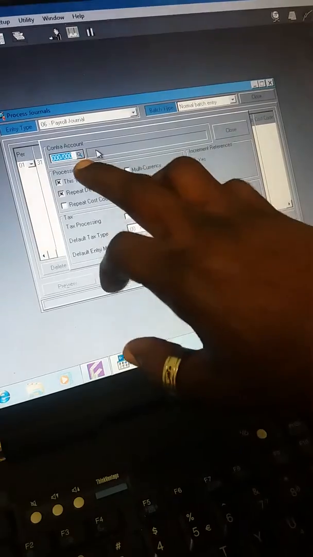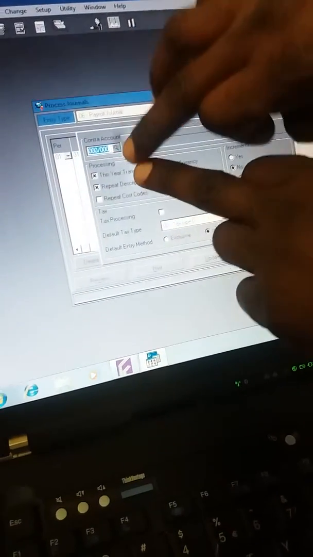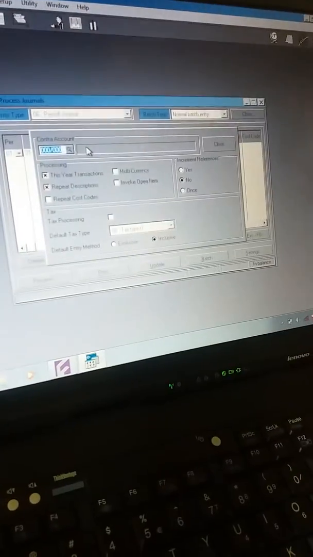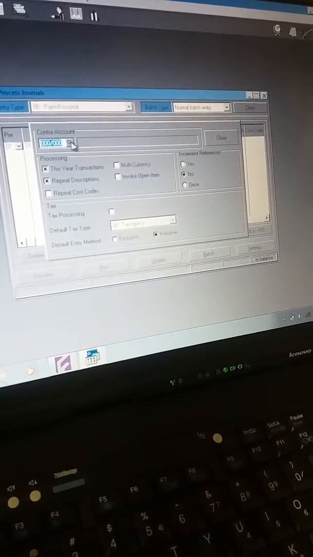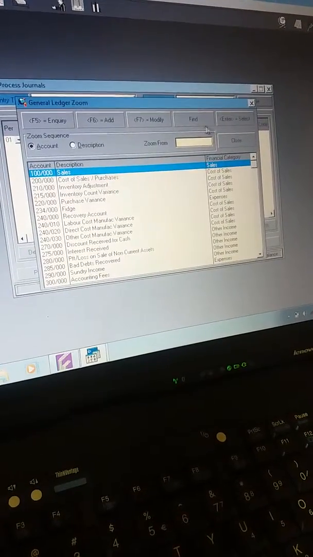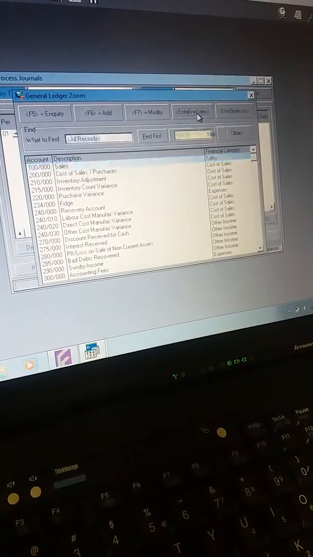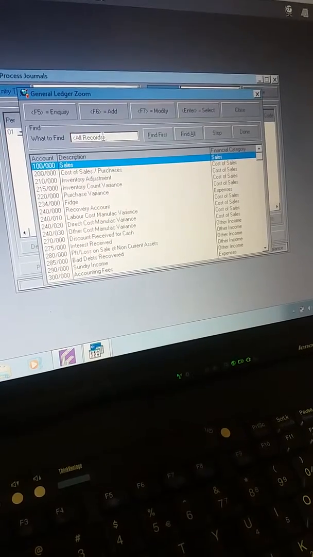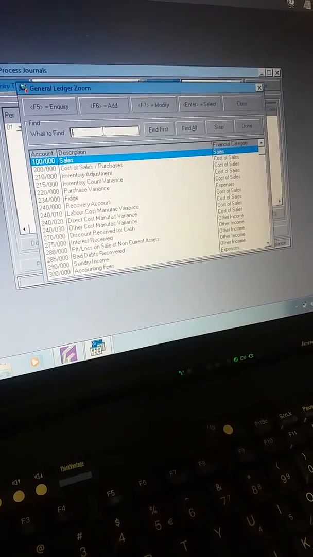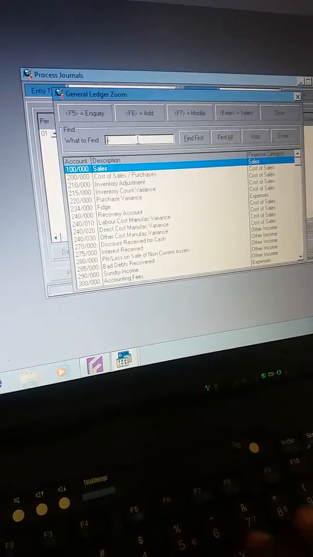Yes, this is very important. What is the contra account here? If you don't set the contra account, the entries will be wrong. So the contra account here must be gross wages, gross salaries.